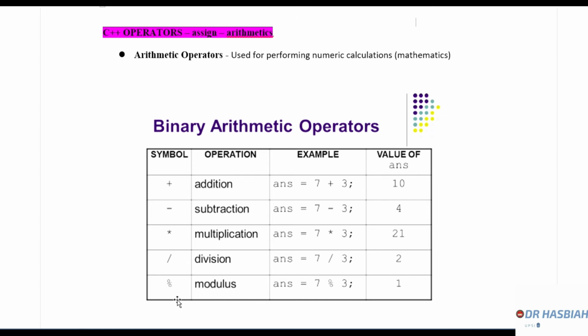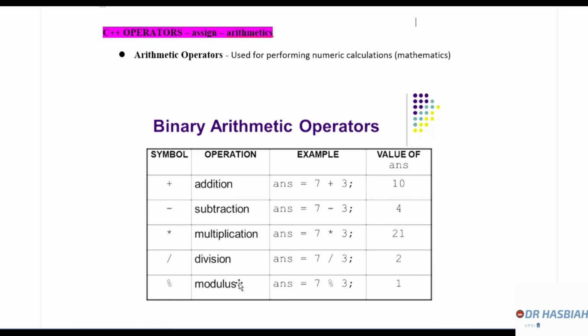What is the difference between division and modulus? Here is the example. Let's say you use 7 divided by 3, you get 2, because 2 times 3 is 6, and then you have the balance 1. But if you use 7 modulus 3, you get 1.